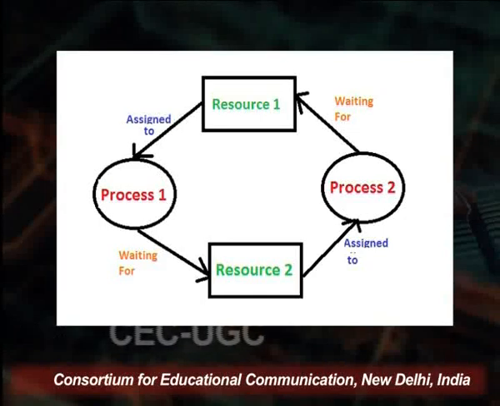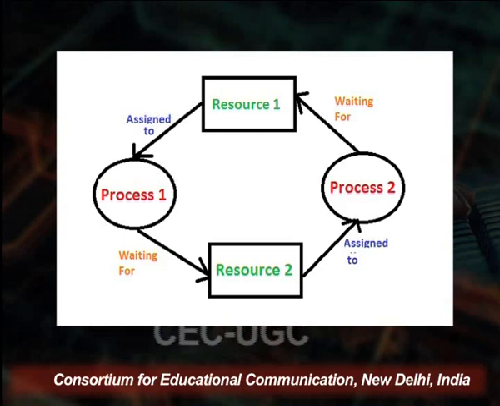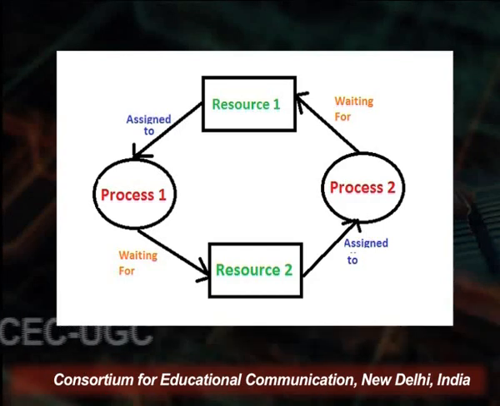Let us try to understand this situation with the help of the figure given on the screen. Here we have two processes, shown in oval shape, while the resources are shown in rectangular shape. We have two processes, process 1 and process 2, and two resources, resource 1 and resource 2. Let us start from the top and move anti-clockwise.